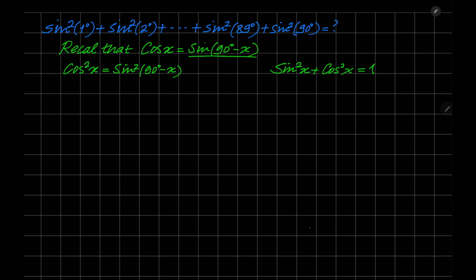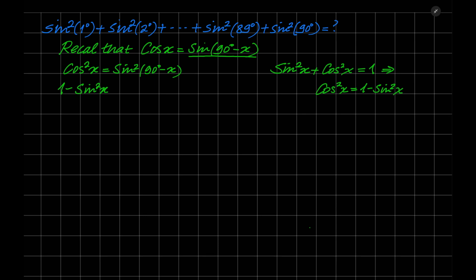Substituting for cosine square x gives us 1 minus sine square x. This implies that cosine square x is equal to 1 minus sine square x.